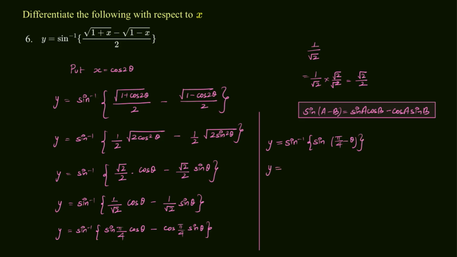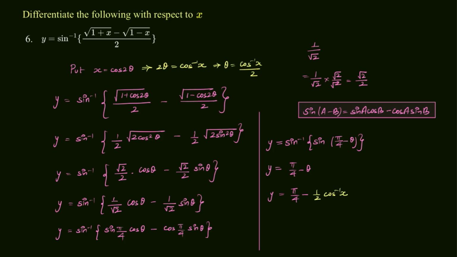Therefore y can be written as, now this sine inverse of sine will be simply pi by 4 minus theta. Therefore I can write y as pi by 4 minus theta, and you can see from here that x was cos 2 theta, that's why 2 theta can be written as cos inverse of x, and theta can be written as cos inverse x by 2. So here I can write 1 by 2 cos inverse of x.